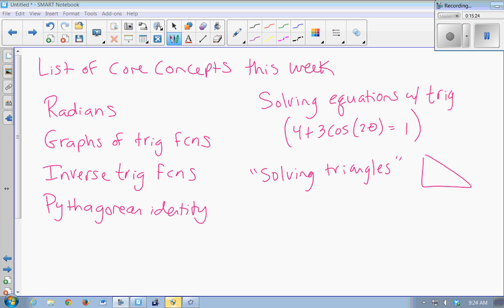Anything else? Yeah, Riley? Yep, that's called the Pythagorean identity. That's great. It's better to know the equation than to know the name of it. Unit circle, yes.